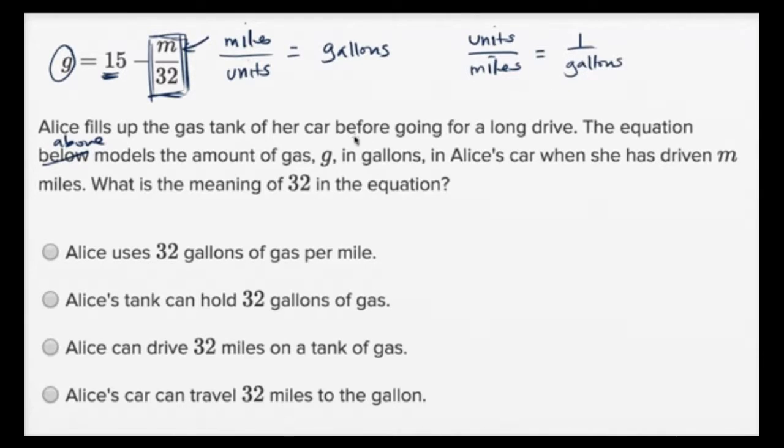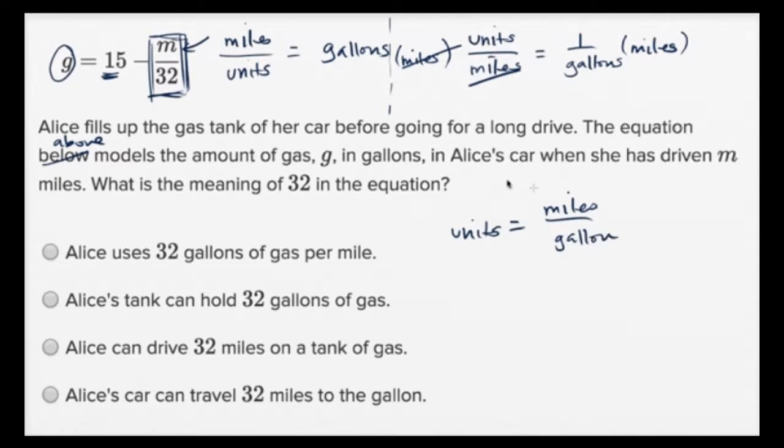Then multiply both sides by miles, and your mystery units are going to be miles per gallon.